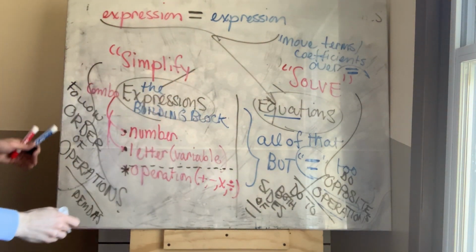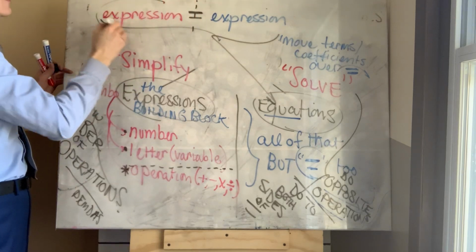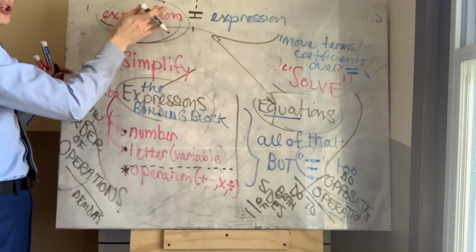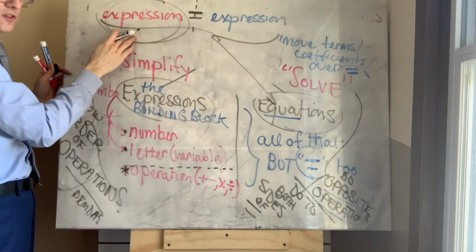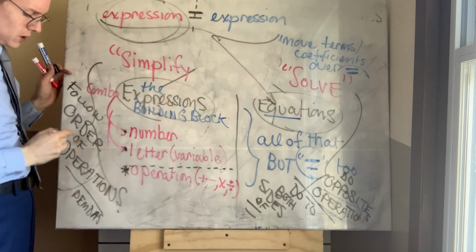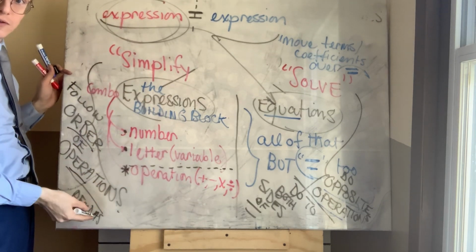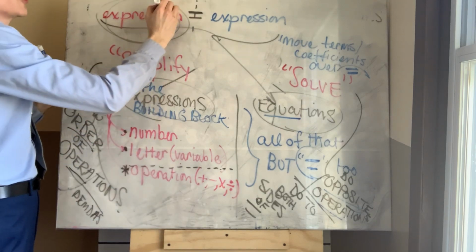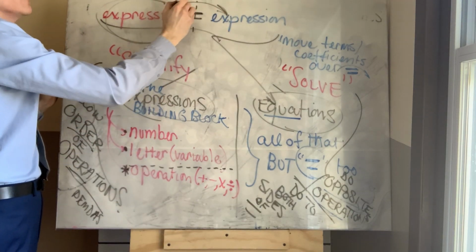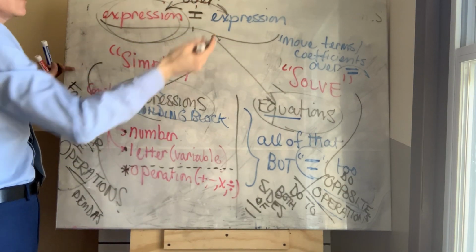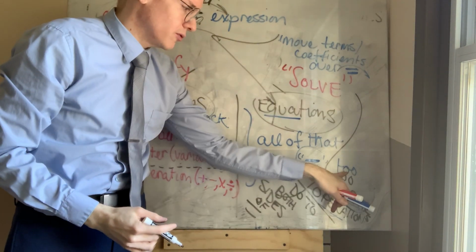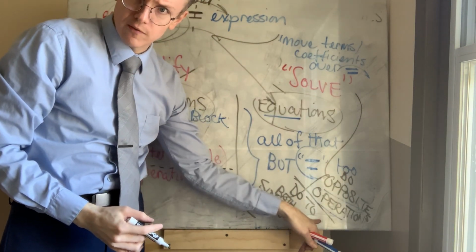Anyhow, if again, you're just sticking with one side only, you're just cleaning this up, simplifying one side of an expression, you're following the order of operations. If you start moving things over equals, then you're performing opposite operations to justify that.